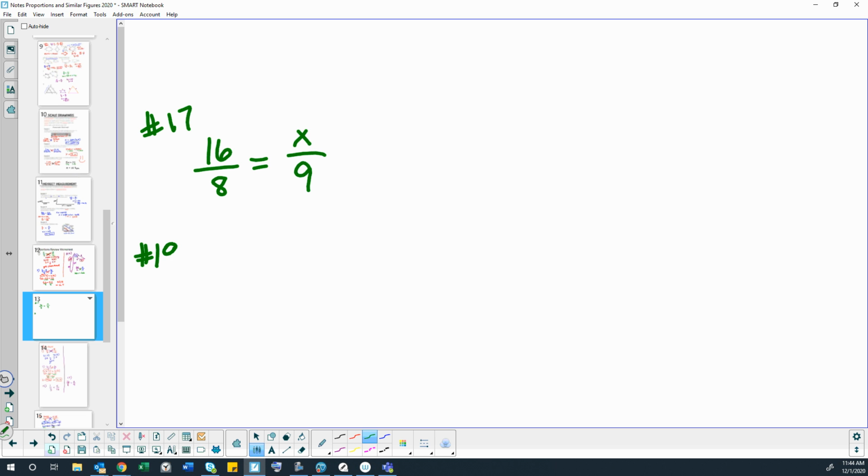So now looking at number 19, it says the ratio of people eating popcorn to those not eating popcorn is 2 to 3. So that's a ratio of 2 to 3, right?